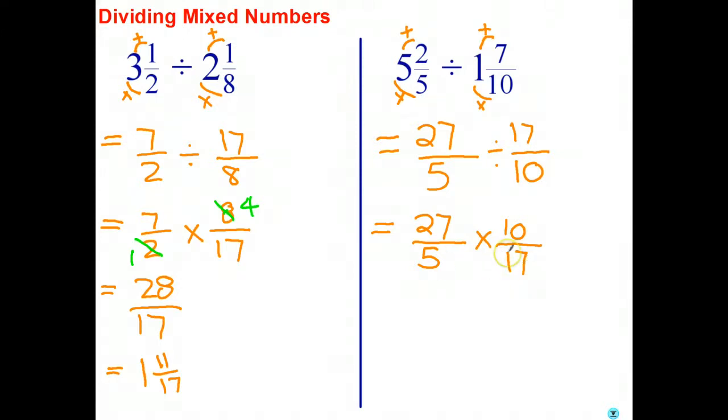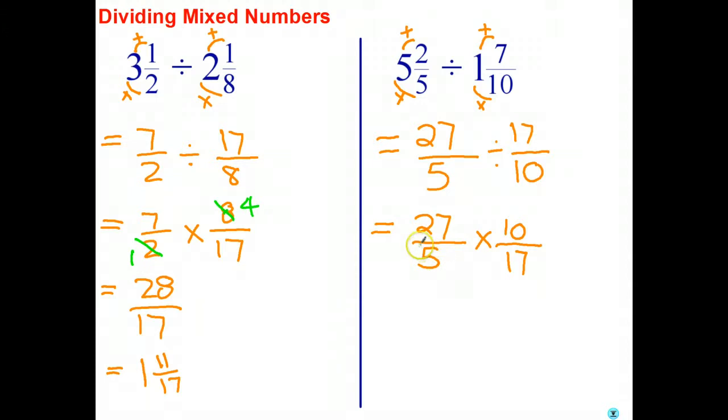Again, 5 times 17 is a little bit tricky to do and hard to simplify. So let's see if we can simplify this first and then multiply. So we have 27 and 10 in the numerators, 5 and 17 in the denominators.